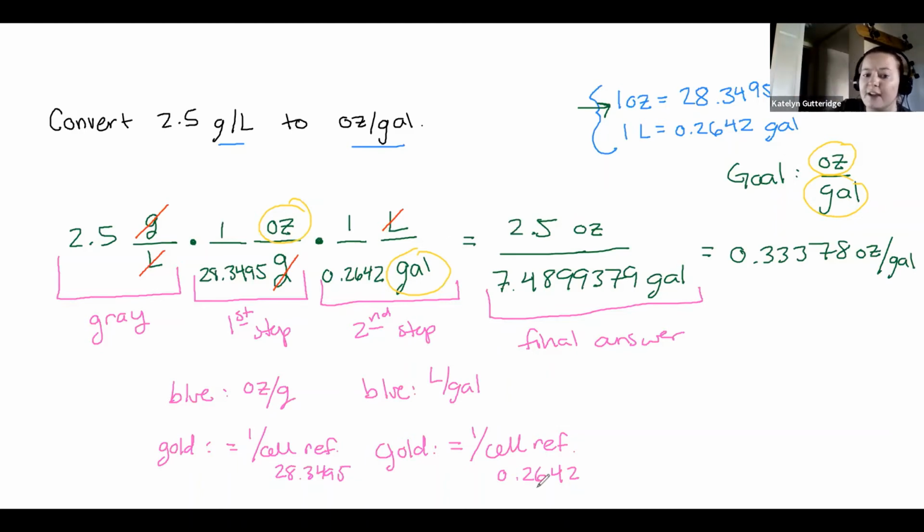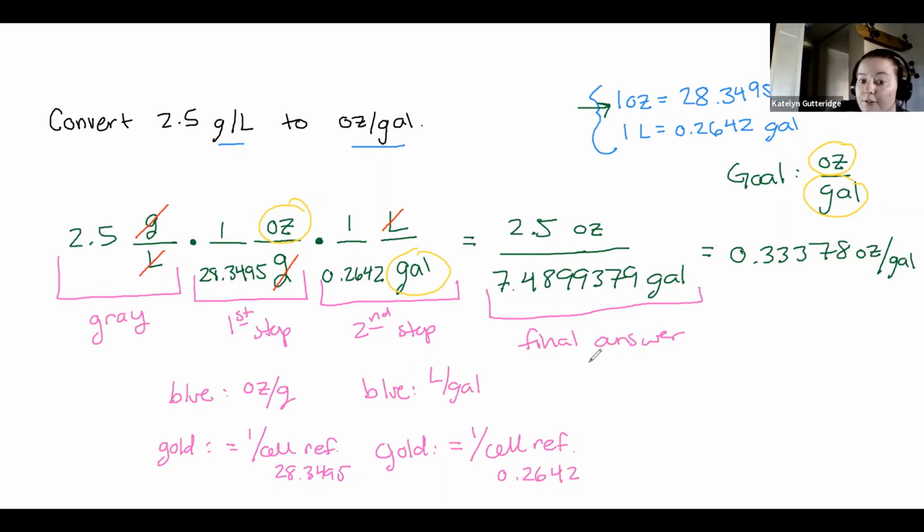And then when you get to your final answer, you'll do a string of multiplication. So your final answer, you'll take the cell containing your initial value times the cell containing the gold with the cell reference for the first step, times the cell containing the gold with the cell reference for the third step.